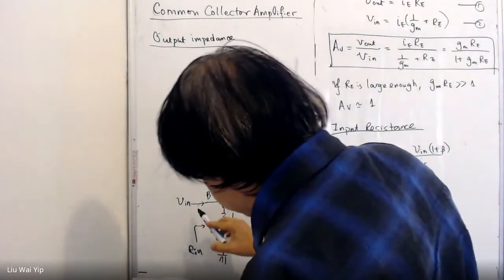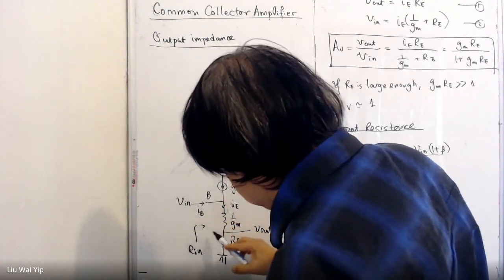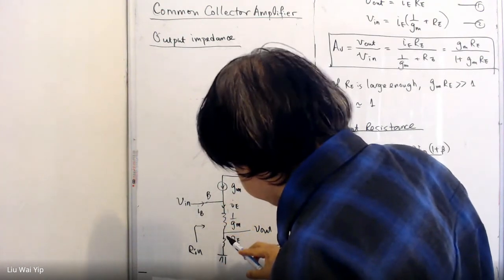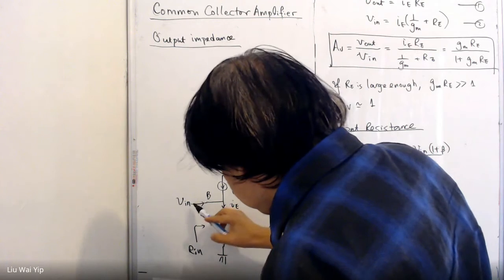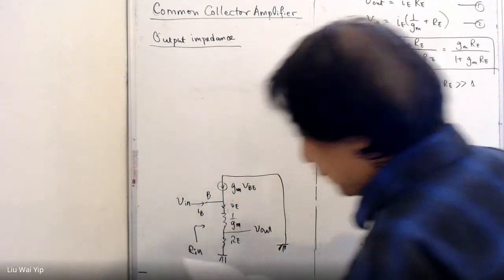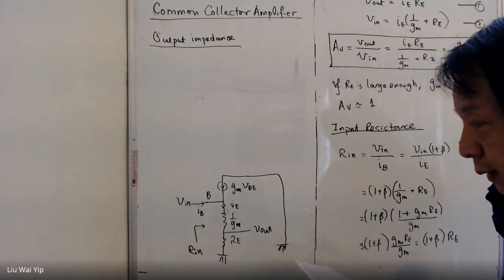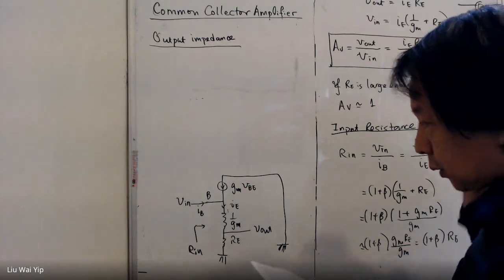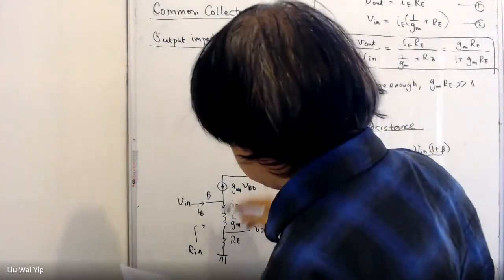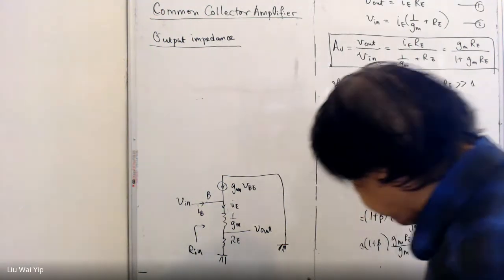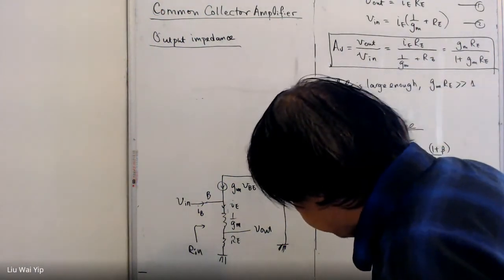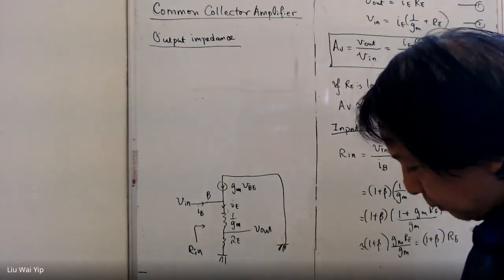Now, the first thing that we need is to short these signals to the ground. So essentially, we are now evaluating the output impedance.